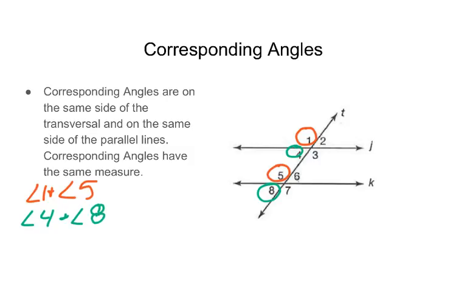There are two more sets. 2 and 6 are corresponding angles. And then also 3 and 7 are corresponding angles. Make sure you have the examples, the picture, and the vocabulary word.